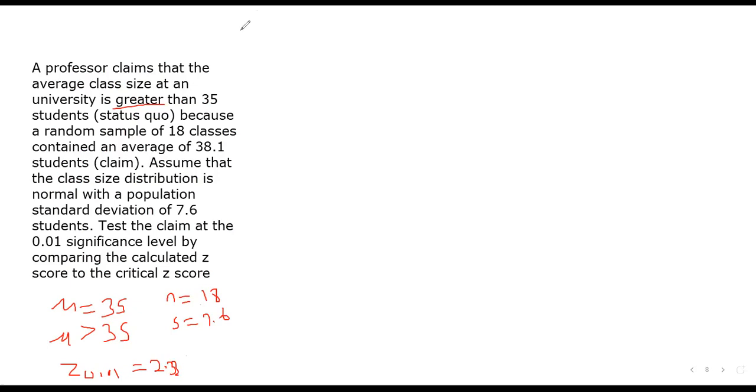So let's conduct step 1, the hypothesis. Mu is equal to 35, and mu is greater than 35. Step 2, set the significance level. This is 1%. Step 3, the decision rule.